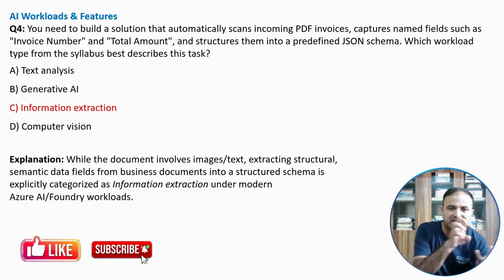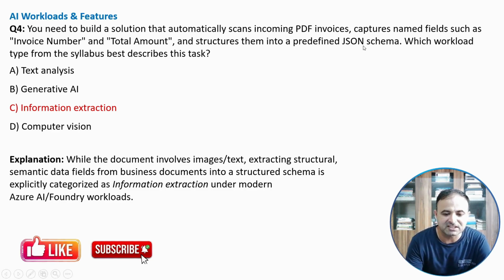We just want to extract information from the PDF invoice as per the requirement. While a document involves image, text, extraction, structuring semantic data fields from a business document into a structured schema is exactly categorized as information extraction under the Azure AI or Foundry workload.